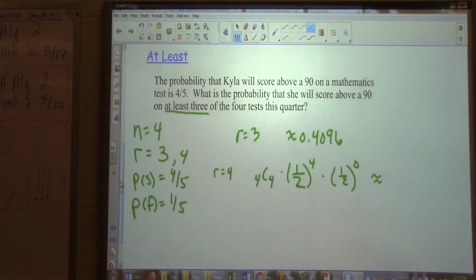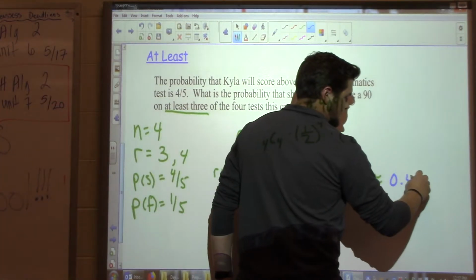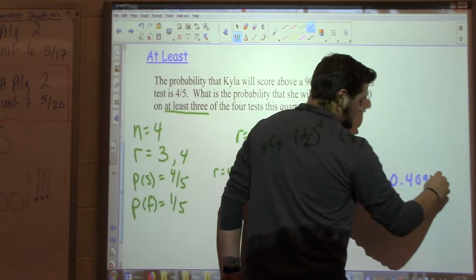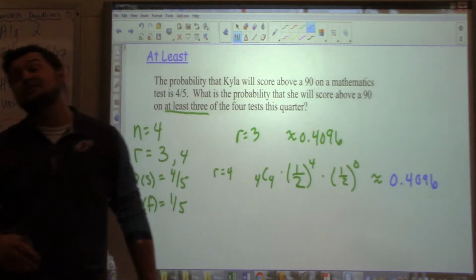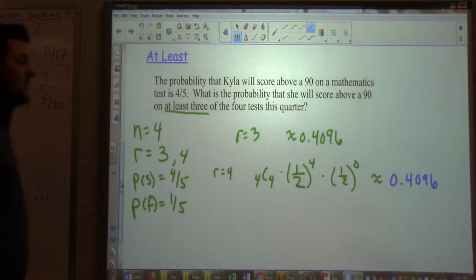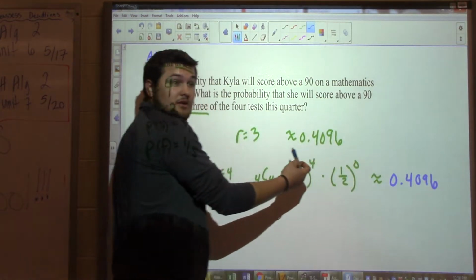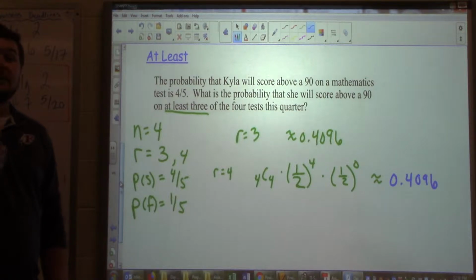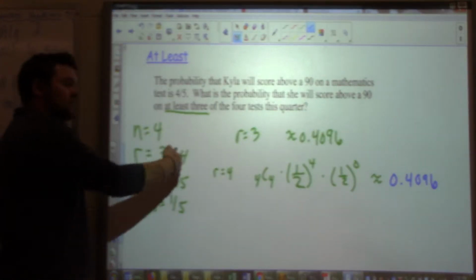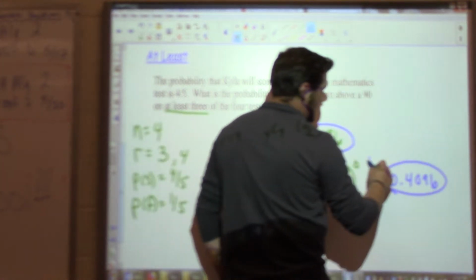Anna, did you put it in your calculator? That's what I got. Okay, so 0.4096. Yeah, it comes out to be the same thing. That won't always happen, but in this case it does. So what do you think I should do with these 2 probabilities? Add them, right? Because the probability she gets a 3 or 4. So I'm going to take these 2 numbers and add them together.